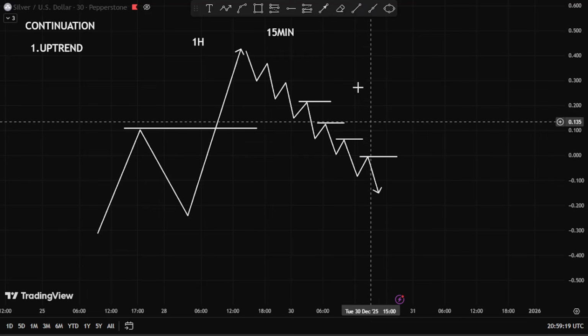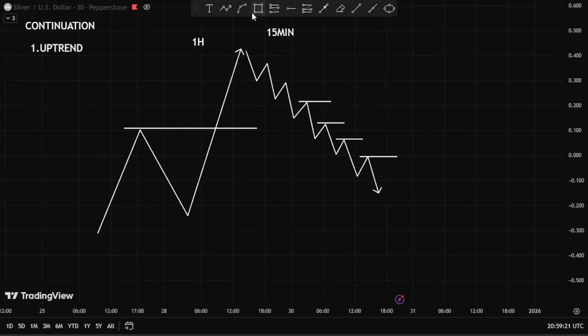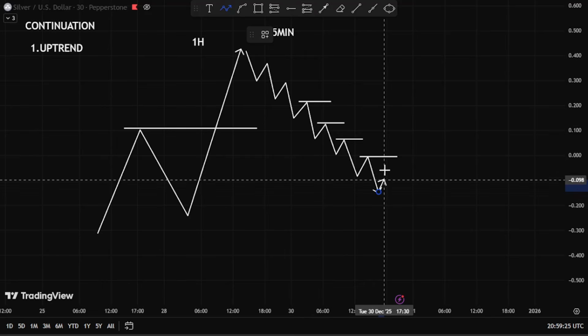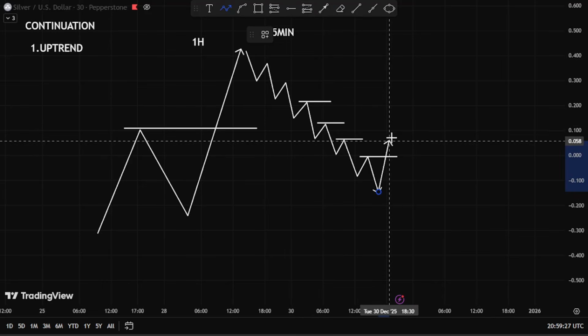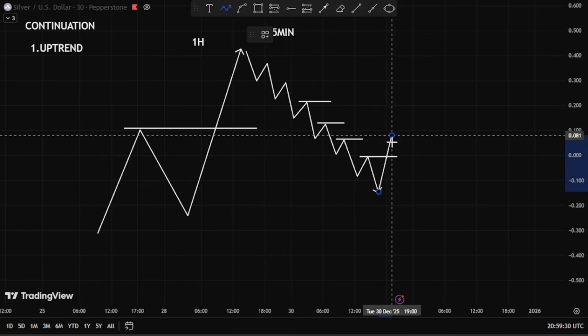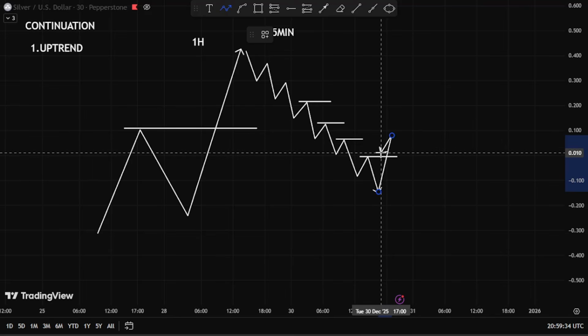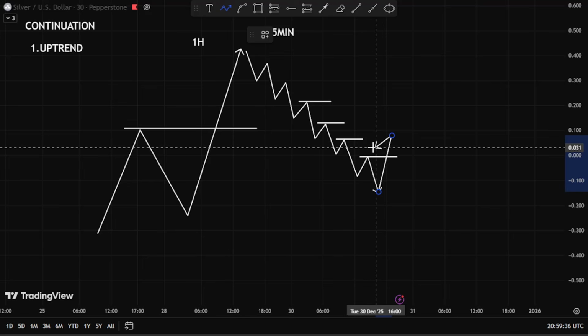So when price is giving you those lower highs and lower lows, at any point, price has given us a lower low, then you see price break above a swing high. This tells us one thing, that the continuation might begin.